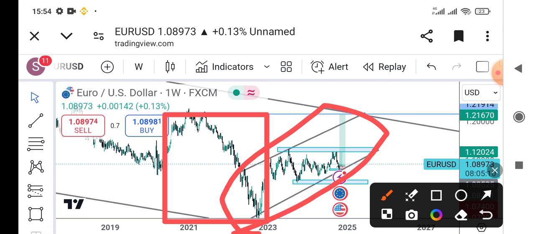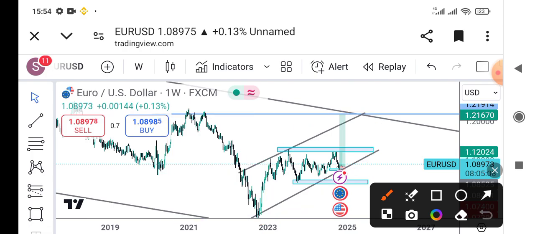But also we noted that the correction part of the market is usually supposed to have 3 touches on each section. Like in this one, our first touch was here on the upper part.